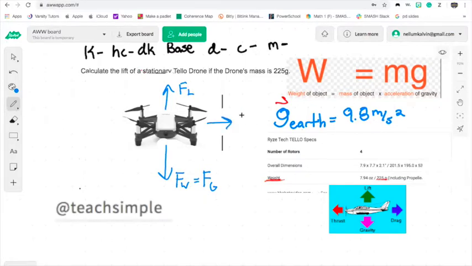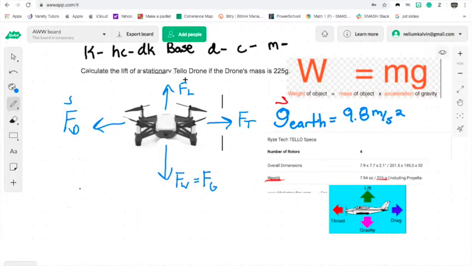If I'm moving to the right, I'm going to have my thrust, and opposite of my thrust is always drag. Newton's third law says every action has an equal and opposite reaction, and if the net force of those objects is zero, then it's not moving. If the net force is not equal to zero, then the object's moving.